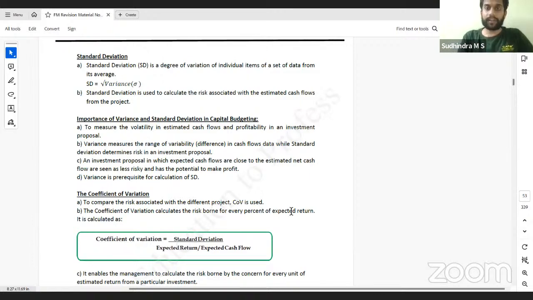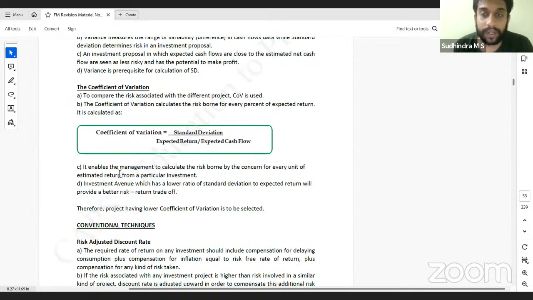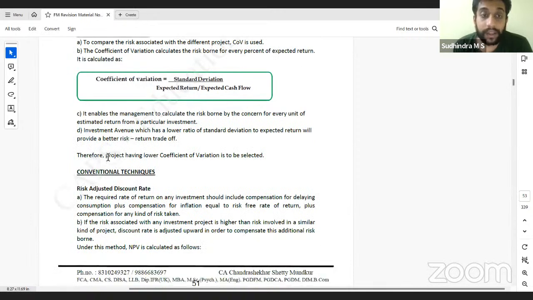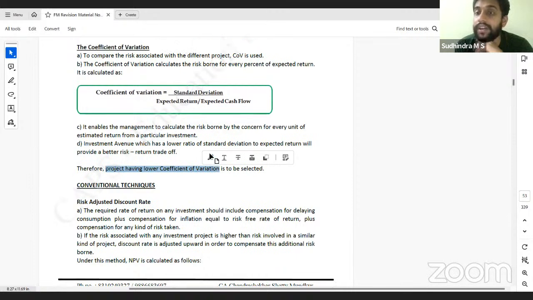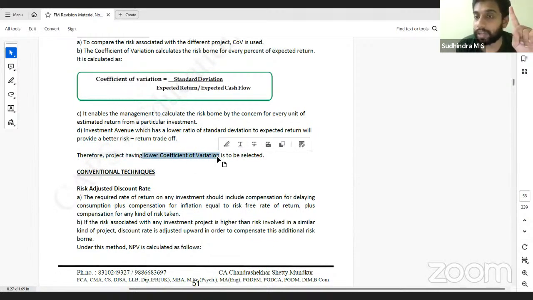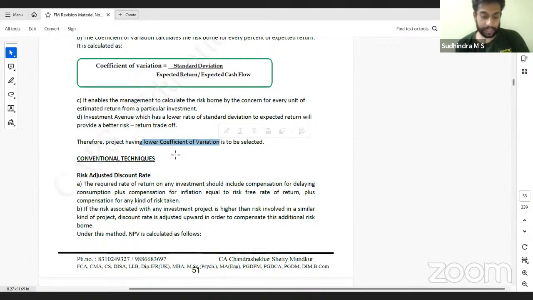It enables the management to calculate the risk borne by the concern for every unit of estimated return from a particular investment. Then, the project having lower coefficient of variation is to be selected. Very important point: when it comes to selection, the project having lower coefficient of variation, because lesser risk.